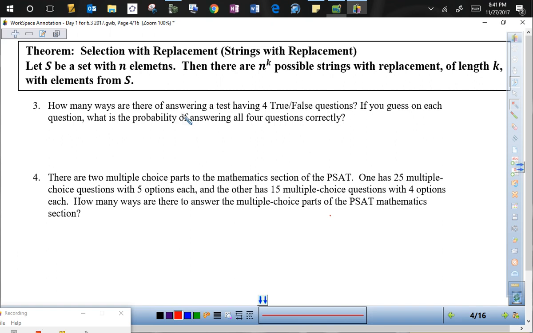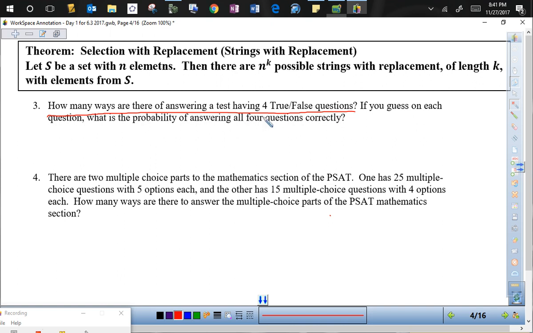Looking at number 3, it says: how many ways are there of answering a test having 4 true-false questions? We're just going to focus on this first part for right now. We want to see how many ways there are of answering. In order to do that, we have to know the number of choices for each group, just like we did above.